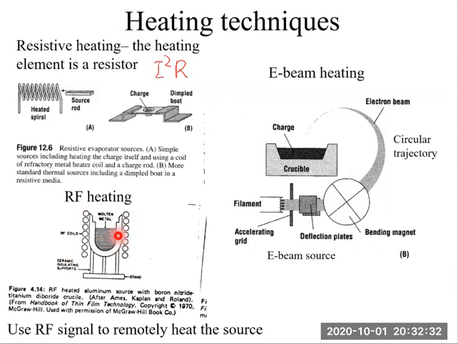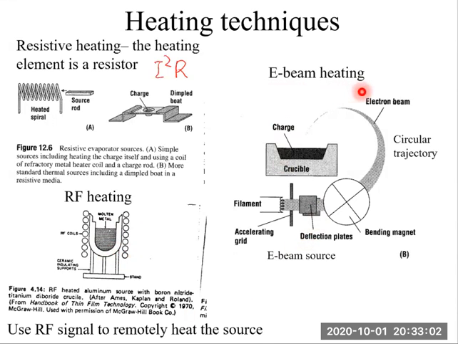When we apply an RF signal to these coils, eddy currents are induced in the charge, the material to be evaporated, creating heat. That's the operating principle of RF heating.